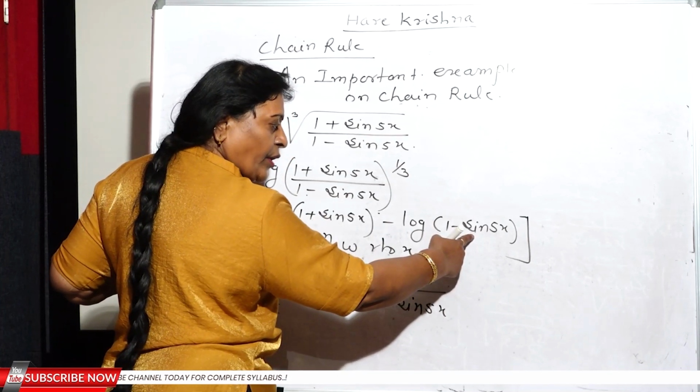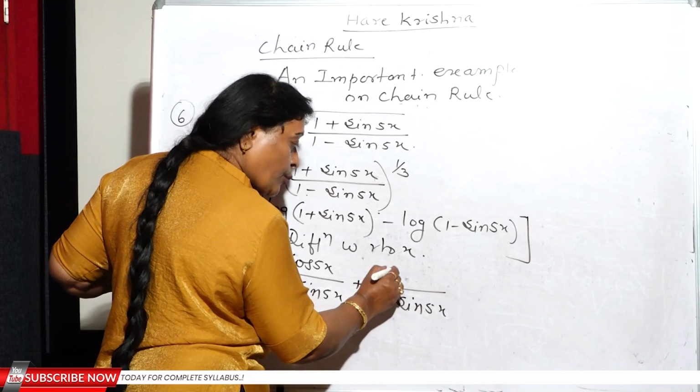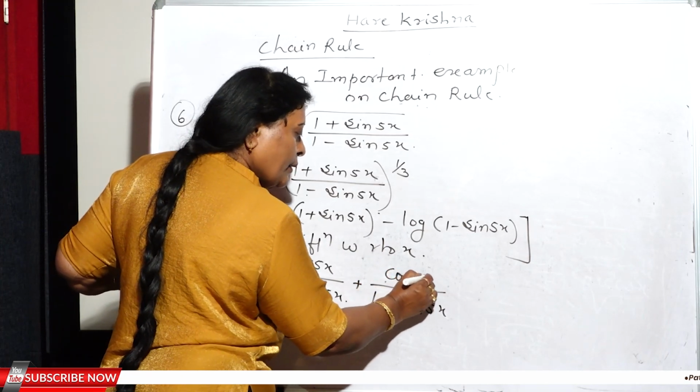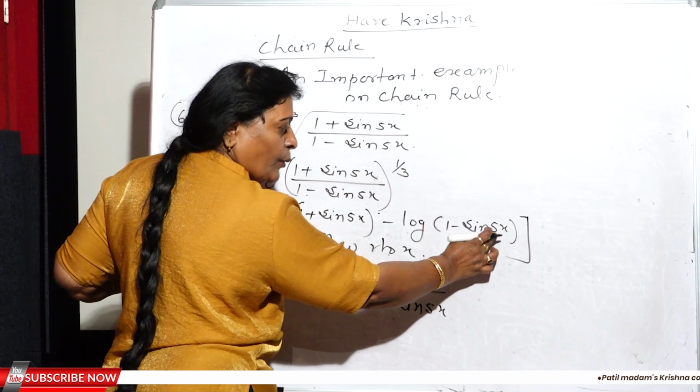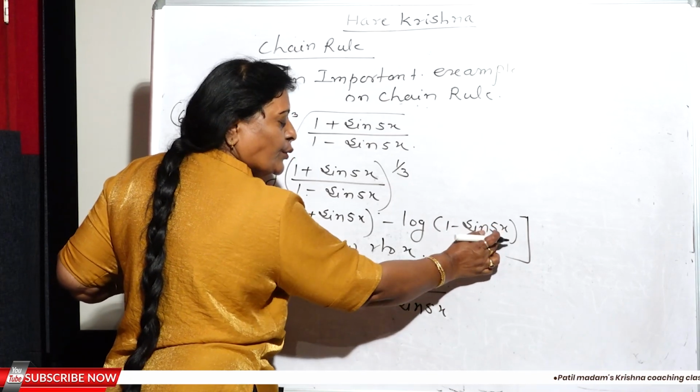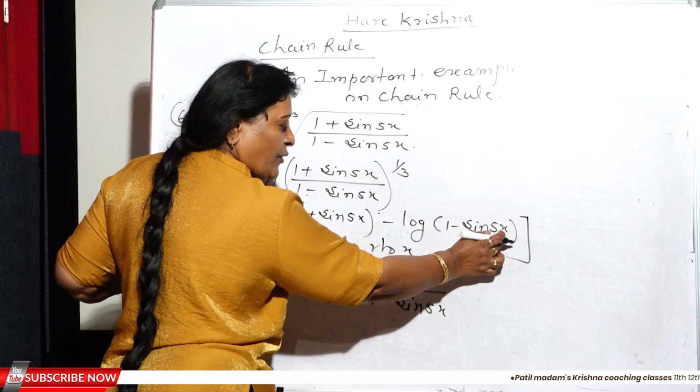And what is the derivative of sin 5x? That is equal to cos 5x, and the derivative of 5x is 5, because again you have to apply the chain rule. Here we put u, the derivative of sin u is cos u, that is cos of 5x, and the derivative of 5x is 5, right?